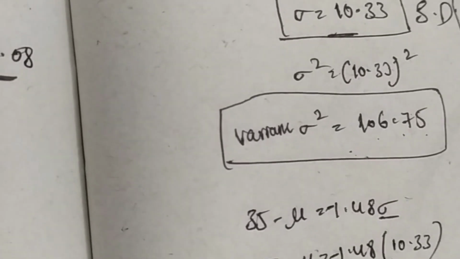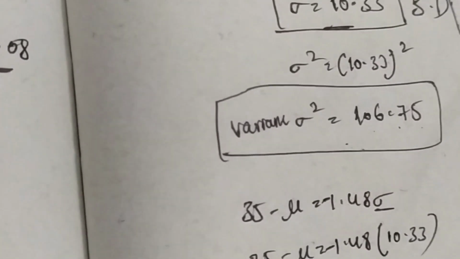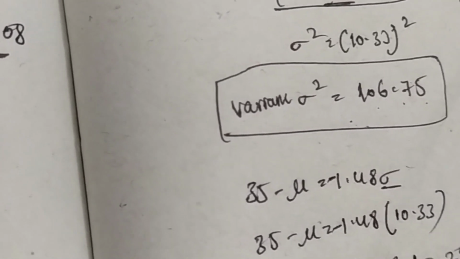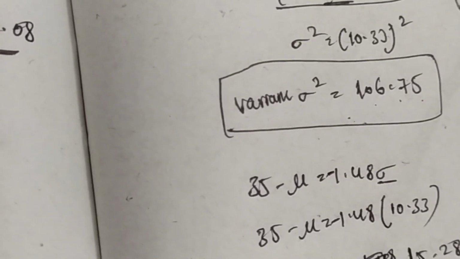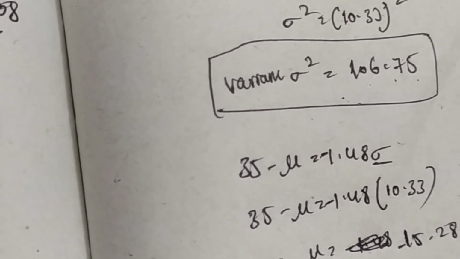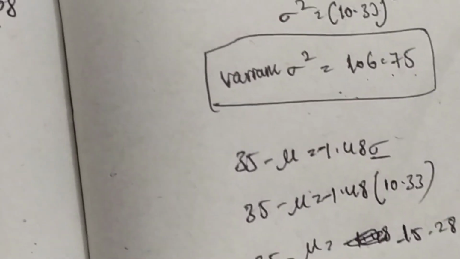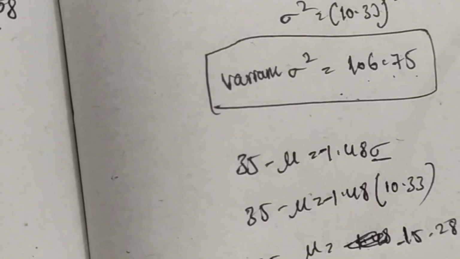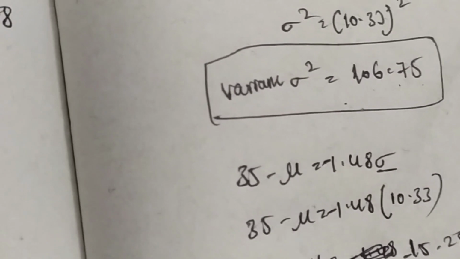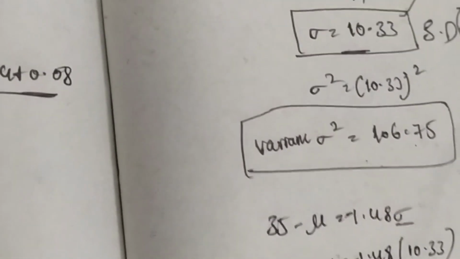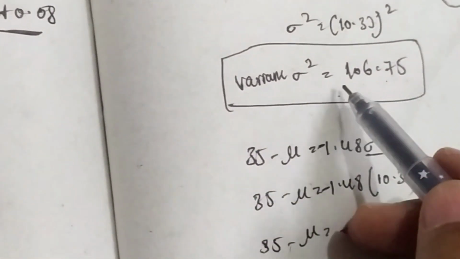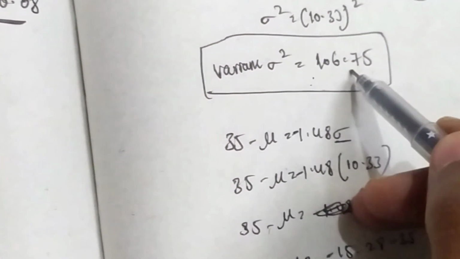Here minus mu equals 15.28 minus 35. We get minus mu equals minus 19.72, and the minus cancels. We get the mean mu equals 50.33. So here we find the mean mu equals 50.33 and variance sigma square equals 106.75.